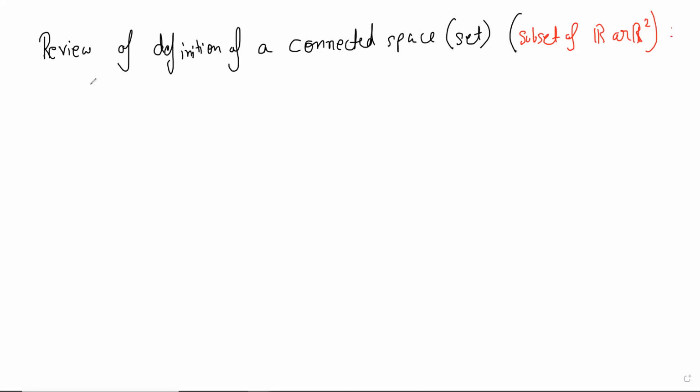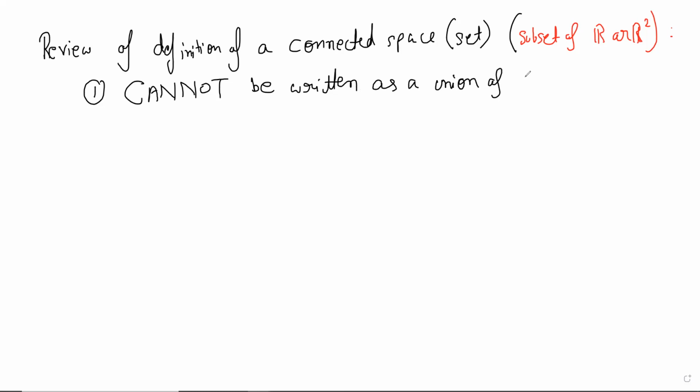Okay. So the number one definition was that a subset of the reals or of R2 is connected if it cannot be written as a union of two disjoint open sets.